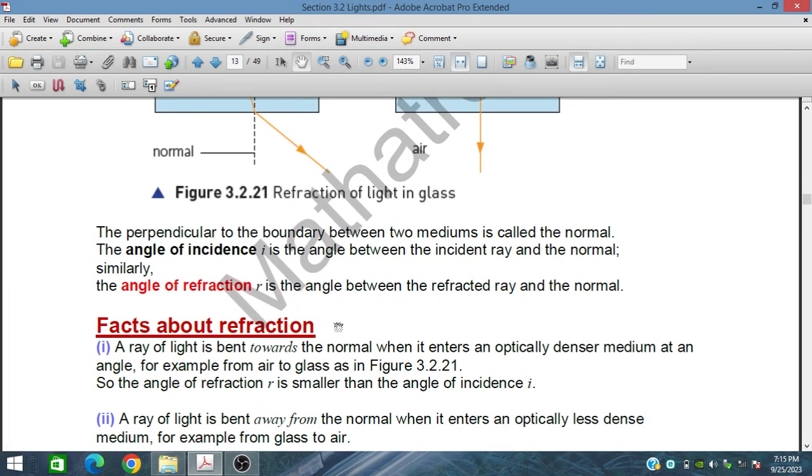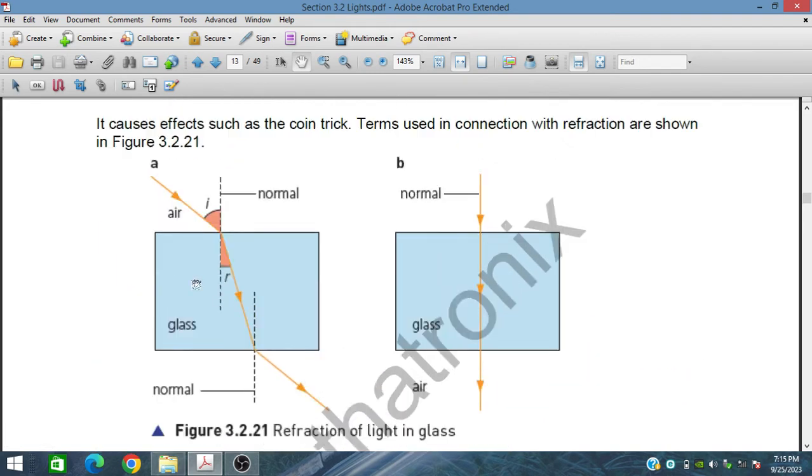And some facts about refraction: the ray of light is bent toward the normal when it enters an optically denser medium at an angle. So at an angle it enters a denser medium, so it will bend toward the normal. If it passed directly, it would move like this, but since it is entering a denser medium, it will bend.